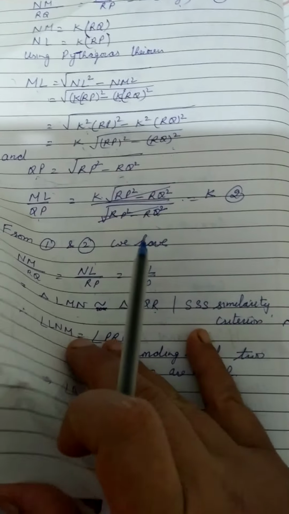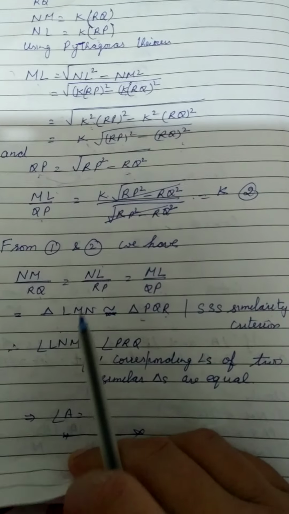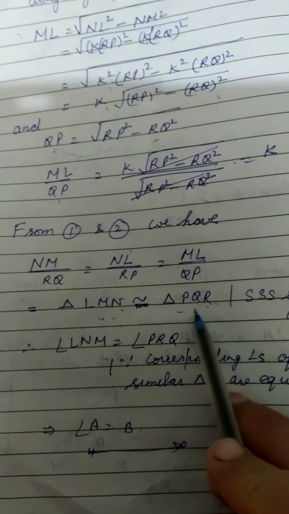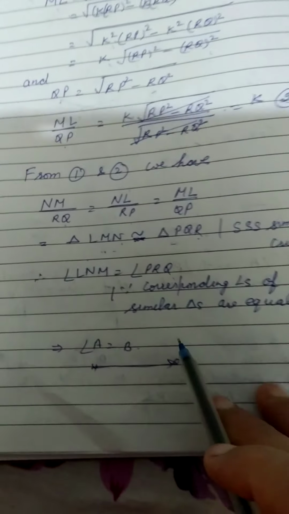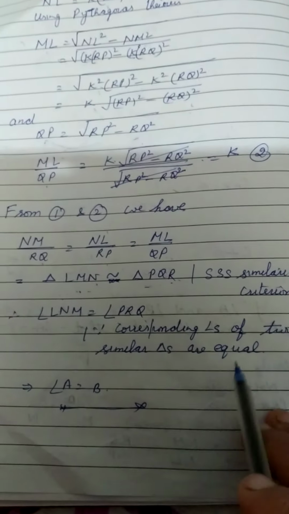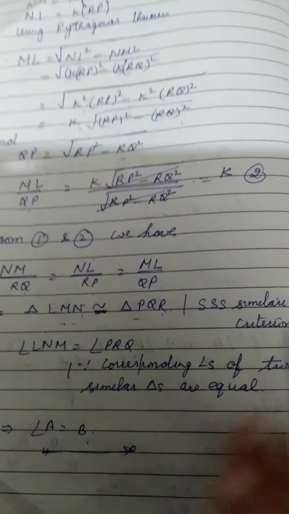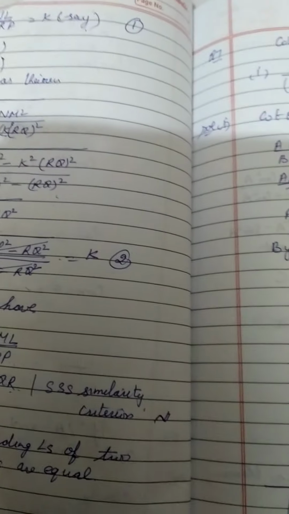Therefore we say that angle LMN is equal to angle PQR, and angle LNM is equal to angle PRQ, by corresponding angles of two similar triangles being equal. So it implies that angle A is equal to angle B. Then the third angle will also be equal.